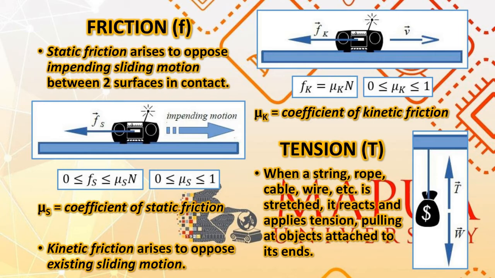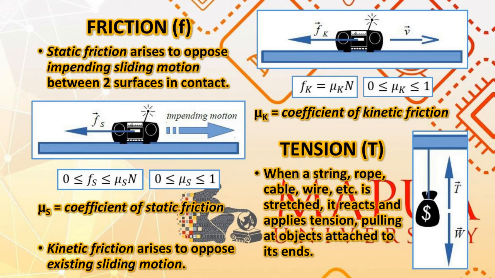The coefficient of static friction is a property of the two surfaces that are in contact. Each pair of surfaces will have its own value of coefficient of static friction. For example, you have wood against wood surface that has its own mu s. You have wood against aluminum surface that also has its own mu s.